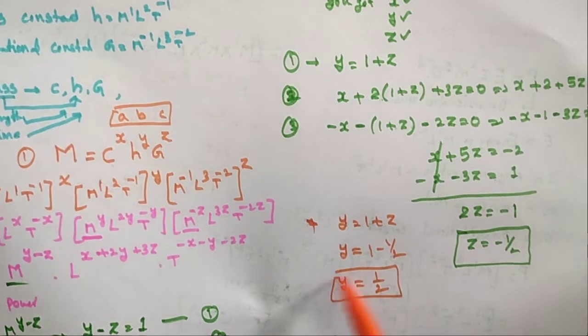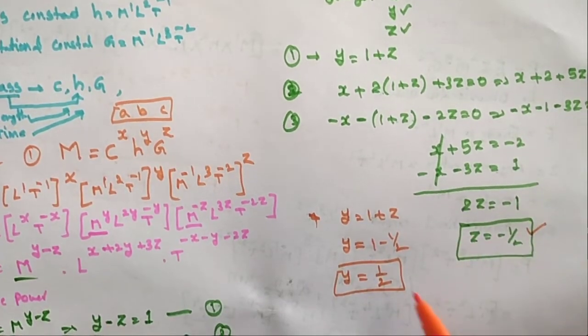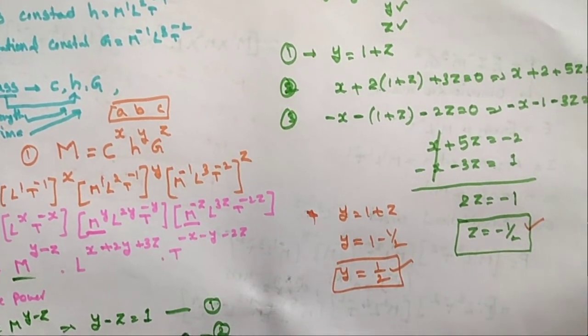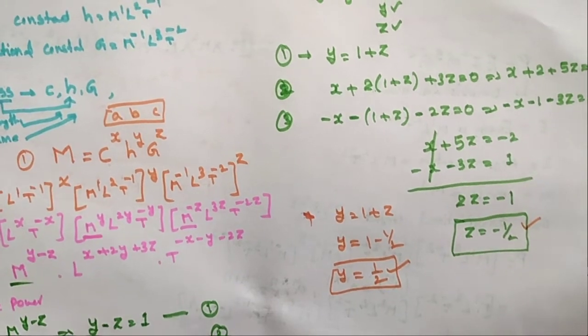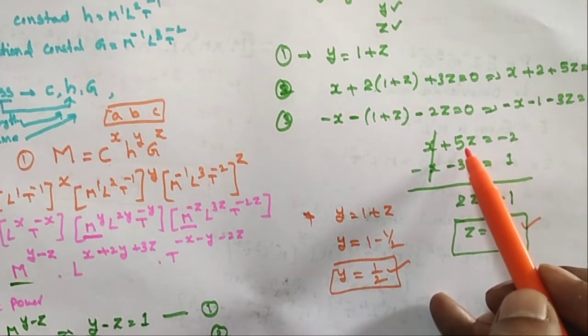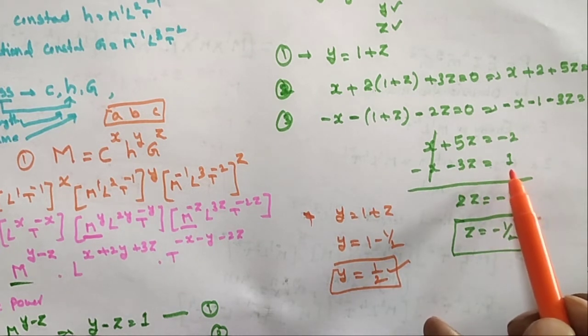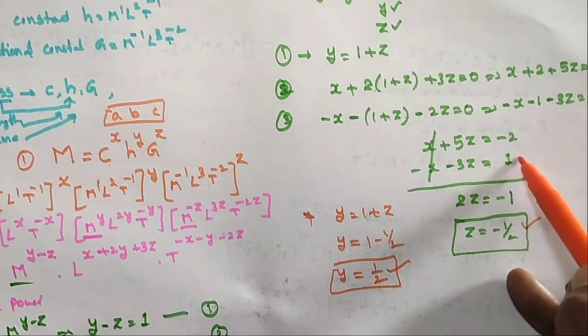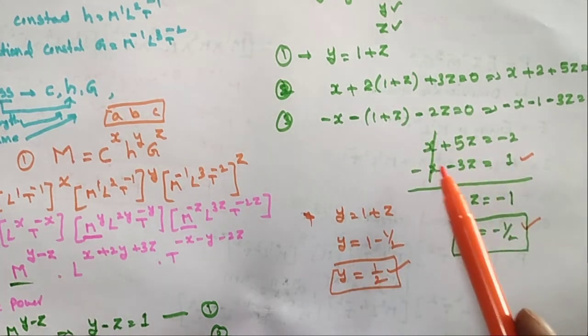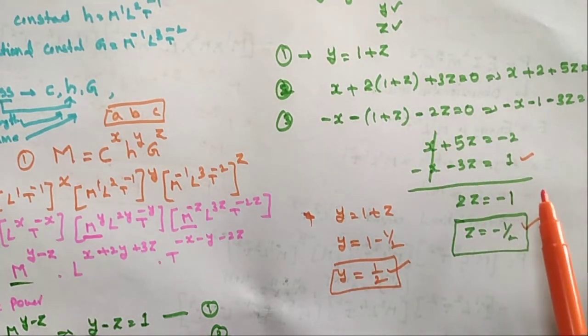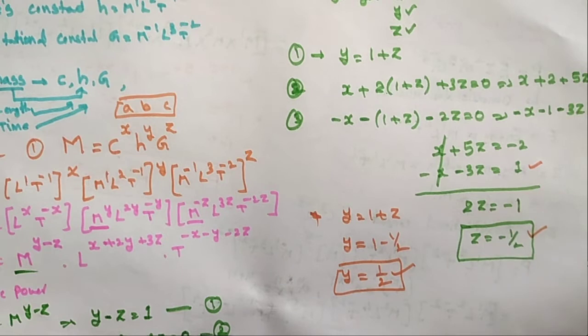So you get one is the z value, another is the y value. For the remaining x, by using x plus 5z or minus x minus 3z is equal to 1, I am taking any of these equations and substituting the y and z values, you can get it very easily.